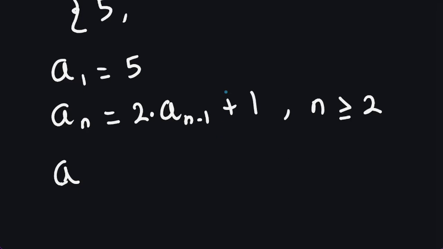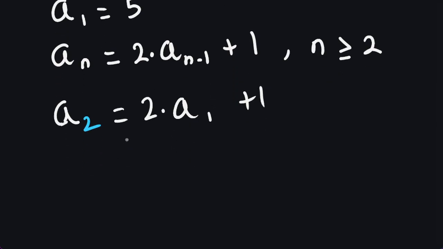We know a sub 1, so let's find a sub 2. A sub 2 equals 2 times a sub 2 minus 1 plus 1. What's 2 minus 1? That's 1. So a sub 2 is 2 times a sub 1 plus 1.